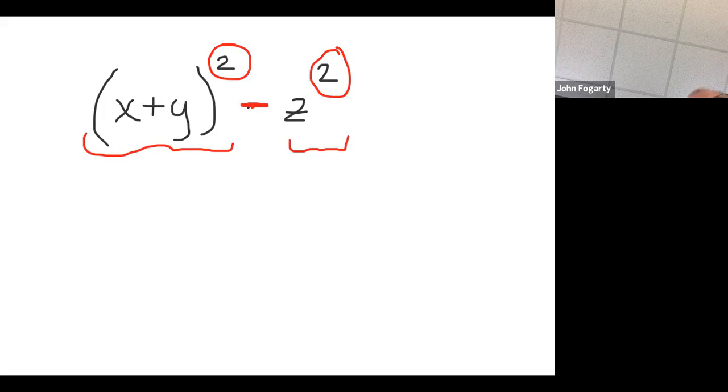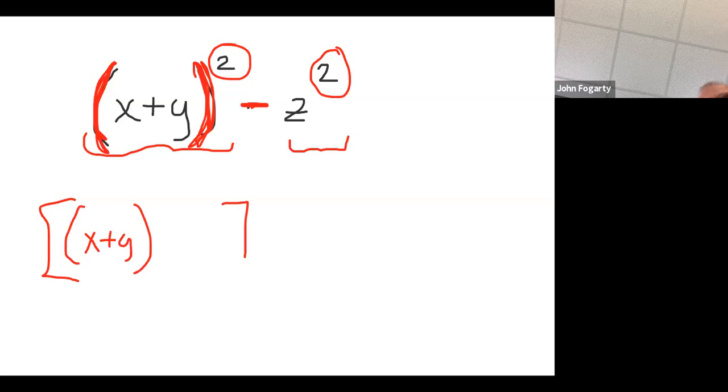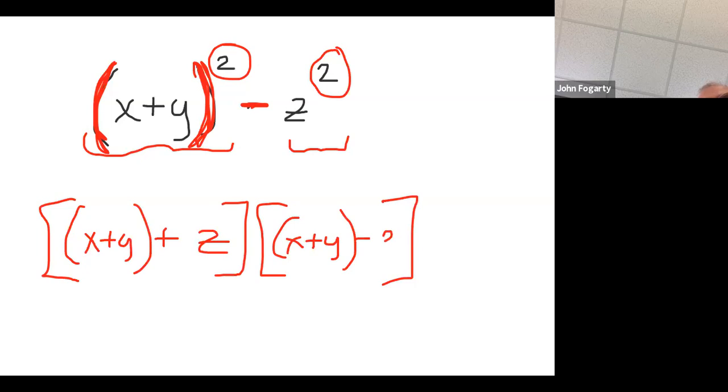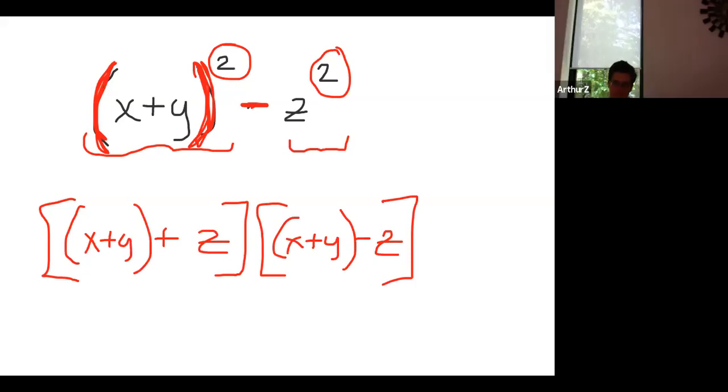It's just that one of them isn't just a single number. It's a binomial itself. So this is going to look like this: x plus y, x plus y. One's plus, one's minus, z and z. There you go. Make sense? Does everybody see how that's the difference of two squares? Yep. All righty. Moving on.